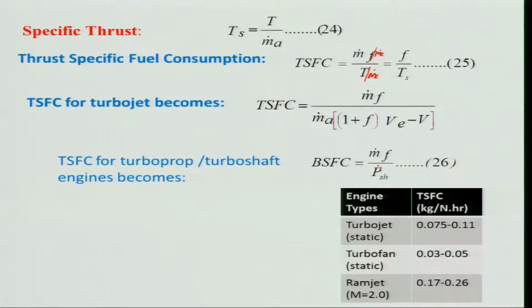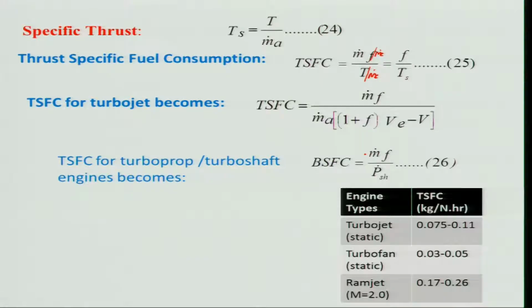However, in the case of a turboprop engine particularly, there will be a certain amount of thrust which is produced by the expansion of gas in the jet, right. So, how to take care of that? Because then the BSFC is not good enough for the turboprop engine. For the turboshaft, where the shaft power is being obtained, it can be good enough, but for the turboprop engine it is not, because some of the thrust can be obtained by expanding the gas in the nozzle. Nozzle means the exhaust nozzle from the engine, right.